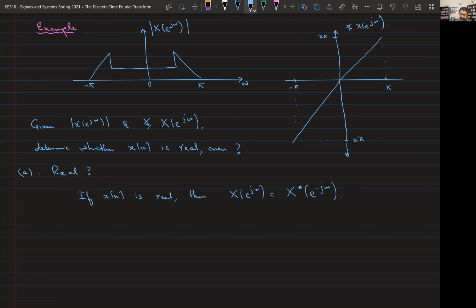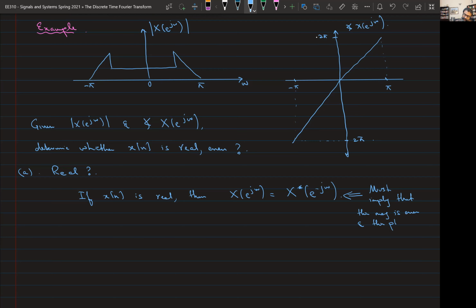And if this is something we know, from here I can show that this must imply that the magnitude is even and the phase is odd.